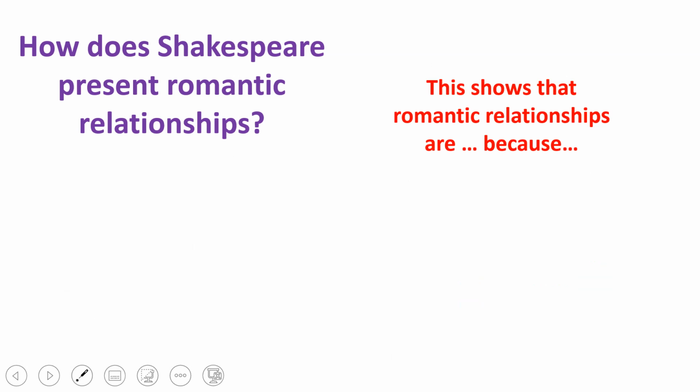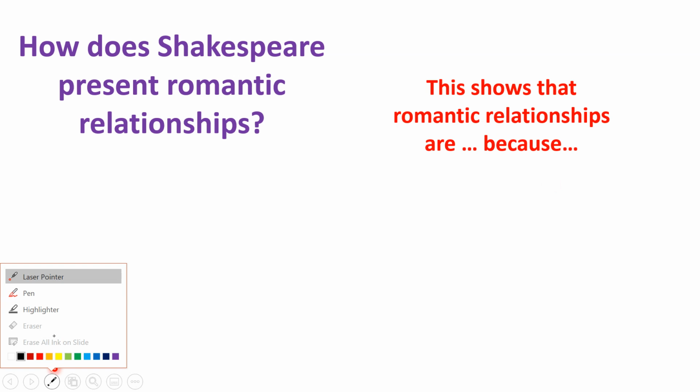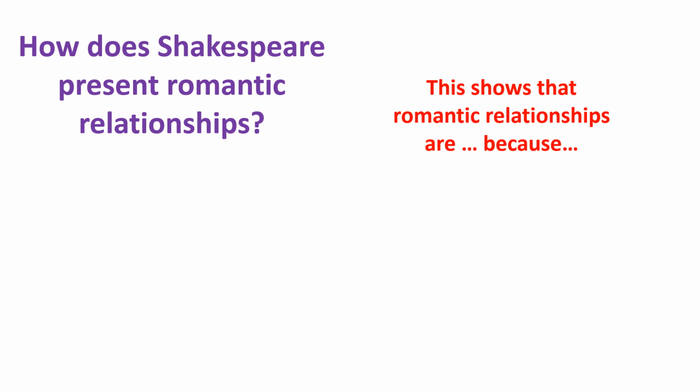And my explanation uses a sentence starter that looks something like this. This shows that, and then I've used language from the question, are, and then because. So I need to explain how my quote supports my original idea. So I said originally that romantic relationships are chaotic, and now I need to explain that.